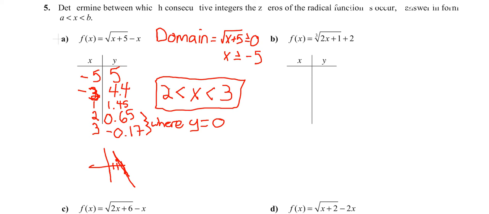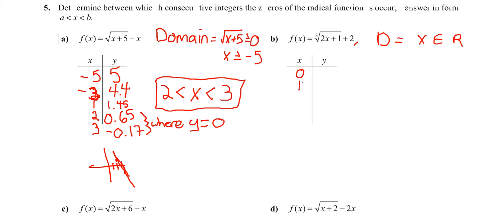Because it's a cube root, the domain can equal anything really, because it doesn't matter if it's negative, so the domain is x is an element of the reals. So we'll start with some points because we don't have, obviously, a place to start. 0, and we'll just start with 1.